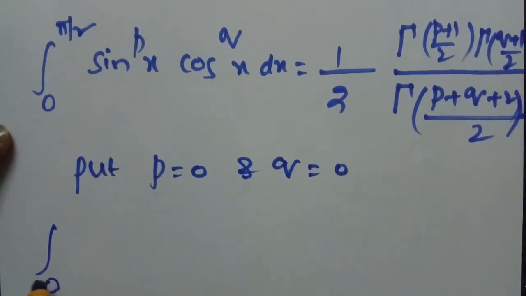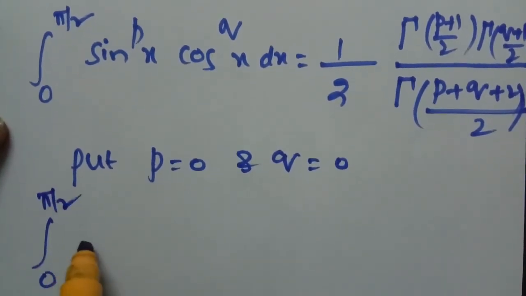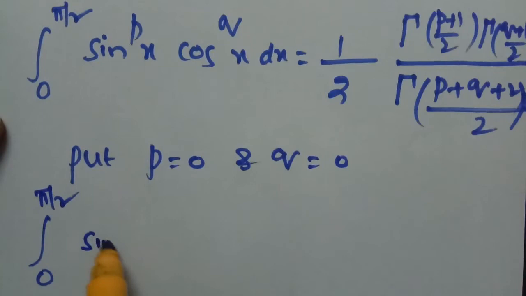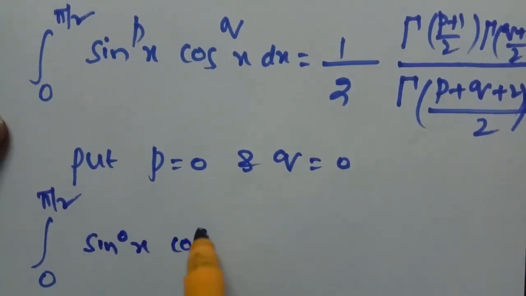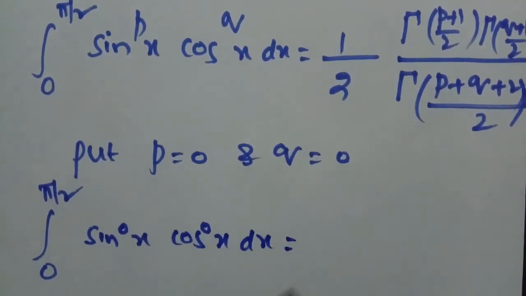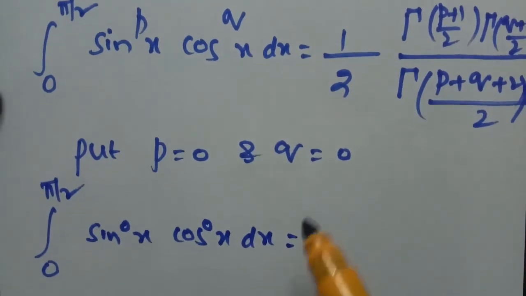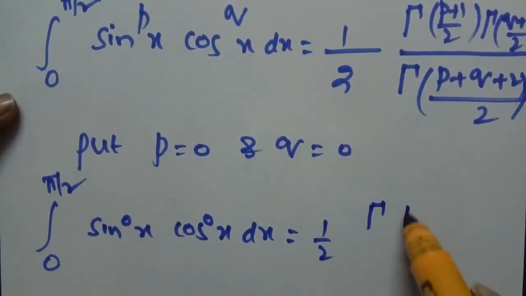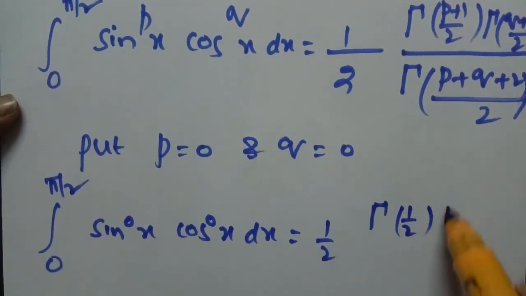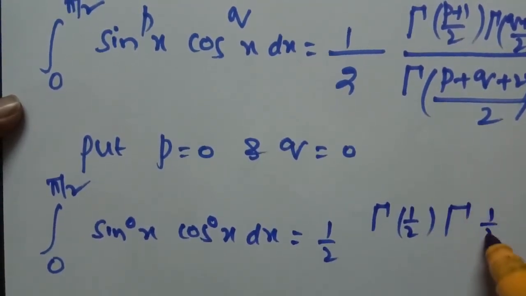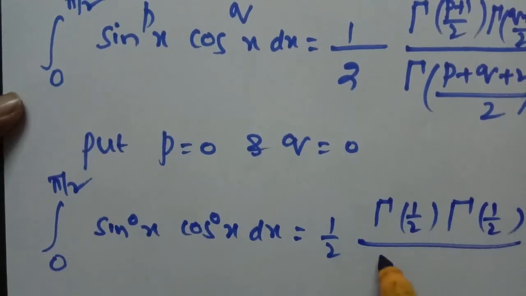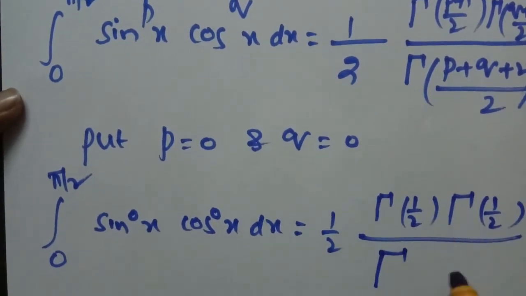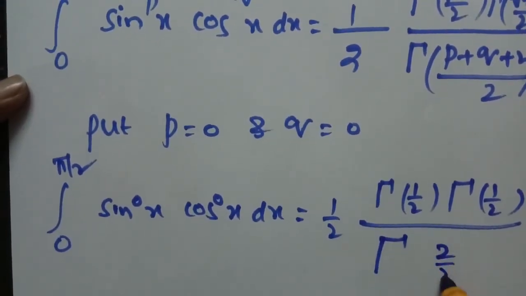Therefore, integral 0 to pi by 2 sine to the power of 0 cos to the power of 0 is equal to 1 by 2 times gamma 0 plus 1 by 2 into gamma 0 plus 1 by 2 by gamma 0 plus 0 plus 2 by 2.